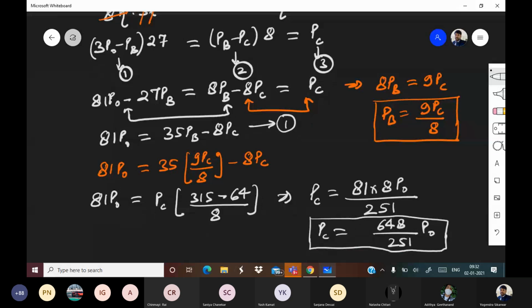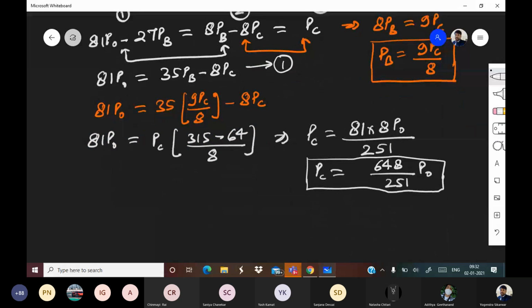Very nice, Tanmay. Now using that, PB will be how much? So PB will be 9 by 8 into PC. And PC is how much? 648 upon 251 P naught. Right?